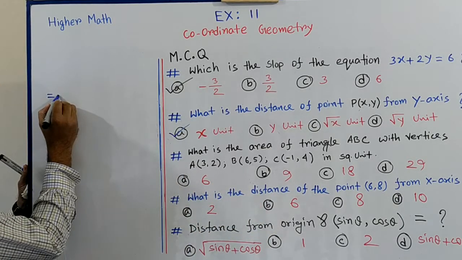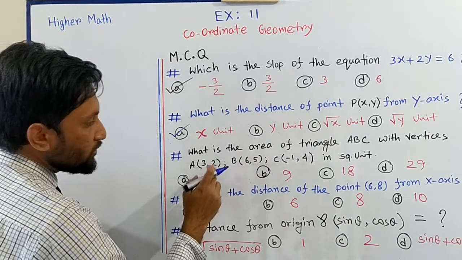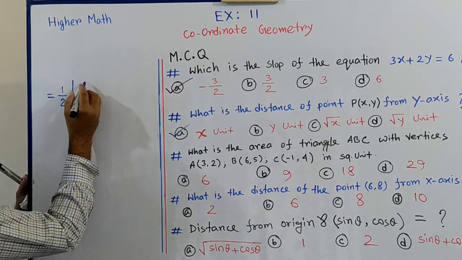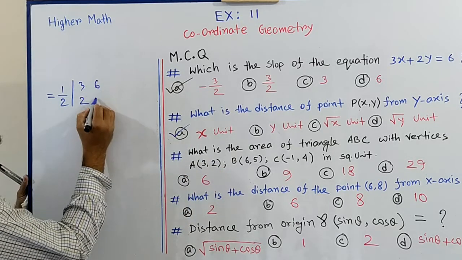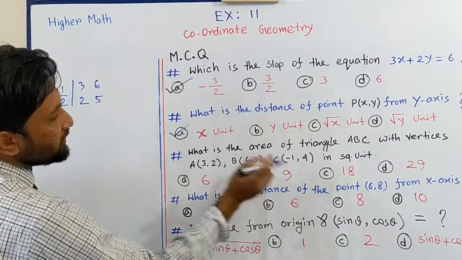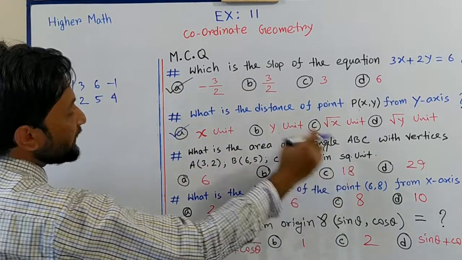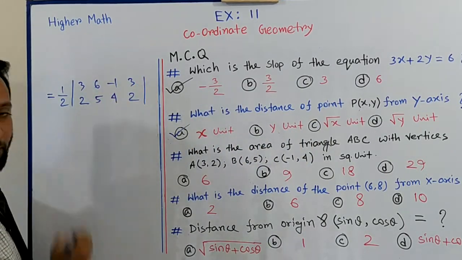So we know the formula of area is half, then a vertical line, then input the coordinate points A, B and C vertically. The first coordinate point is (3, 2), second (6, 5), third (minus 1, 4), and again repeat the first coordinate point (3, 2), square unit.